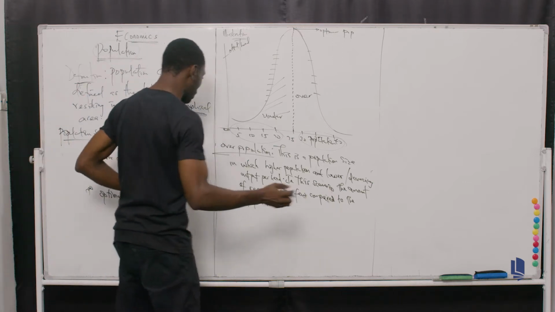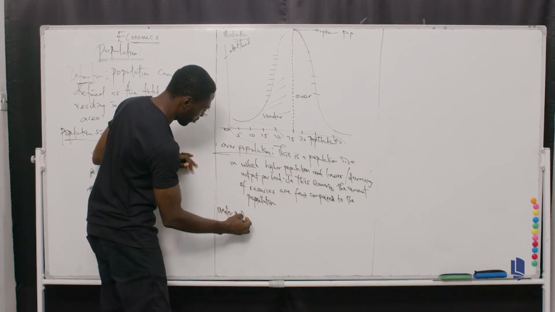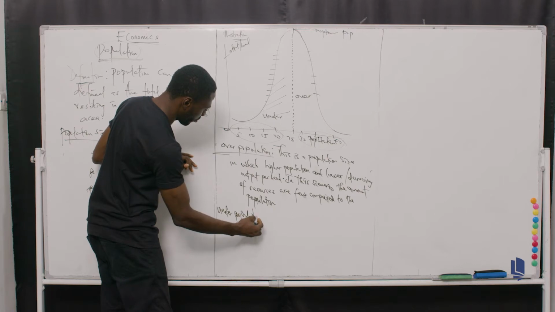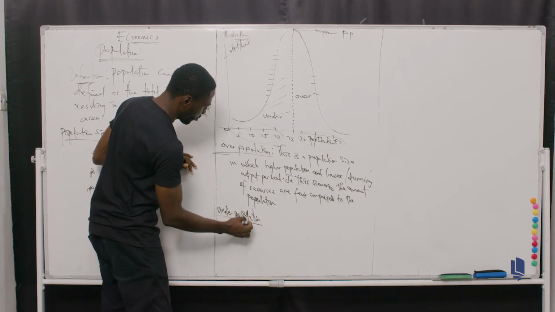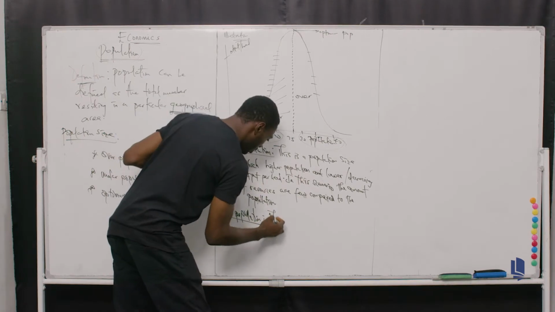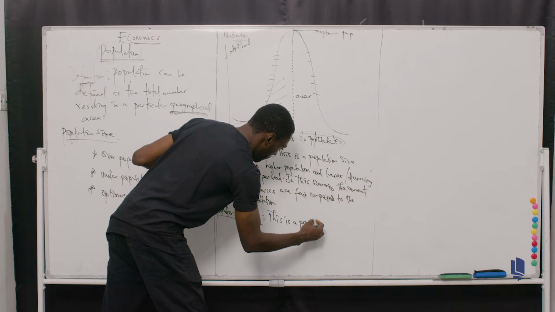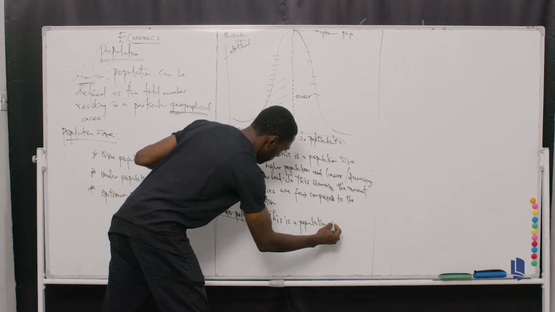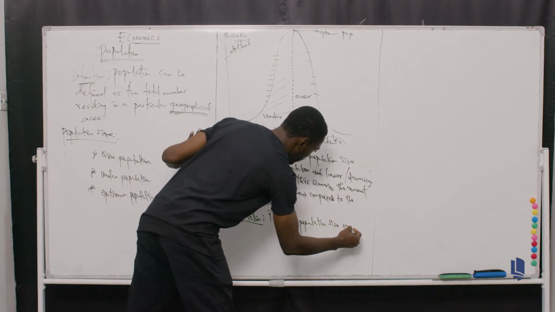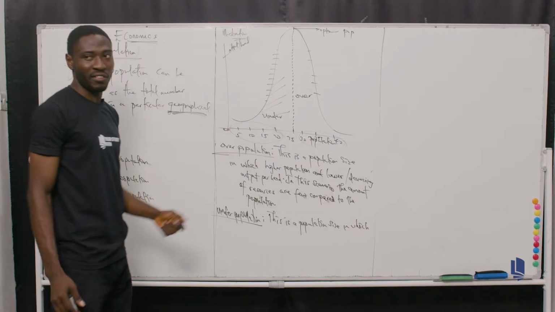So we move on to underpopulation. So just this thing. This is the population size in which, so let's go back to the graph, okay?